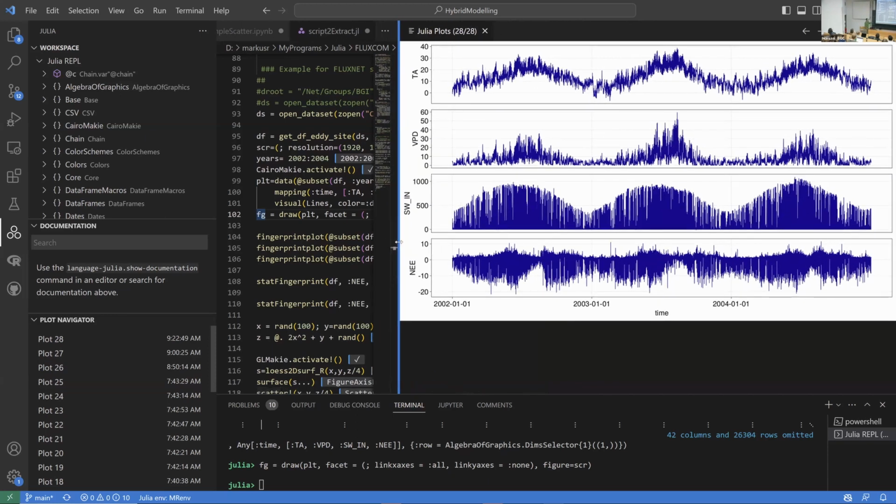Okay, then it's a bit bigger, but basically what we see here is 3 years. Very nice that AoG can plot times. 3 years of 3 different variables: temperature, air humidity, shortwave incoming radiation from the sun, and on the lowest plot is what we would think of as a response variable, the net ecosystem exchange.